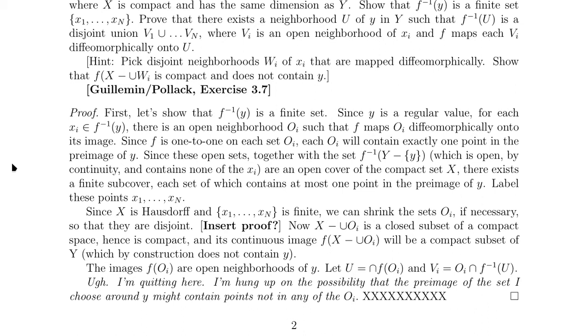So that made it more difficult for me to figure out how to shrink those in order to guarantee that they're disjoint, because we want the sets containing our x_i to be disjoint.